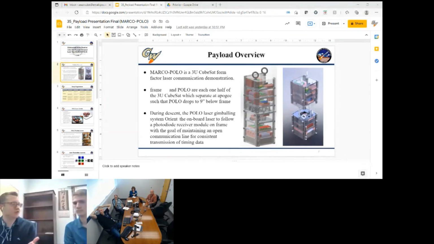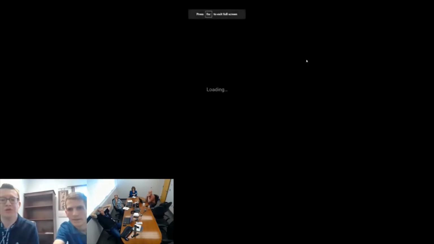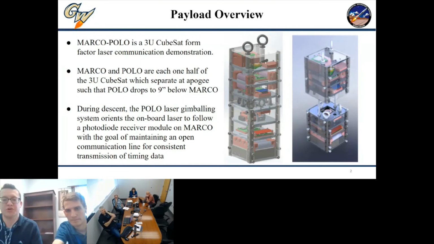Let's see if you can look at that slide again real quick. Right up there up top, if you can zoom in, might be a little hard to see, if you circle right around there. So there's actually a couple of COTS telemetry systems up there. The one in green there is a Featherweight altimeter, and we were able to get that to work while we were testing it during January.